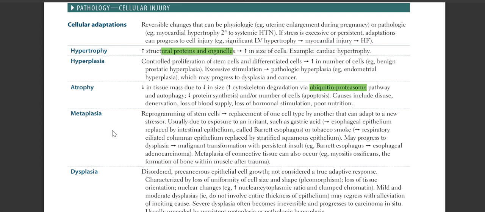Let's say someone starts smoking. Normally, your mucosa in the trachea has only one job, which is to allow air to pass through. So that's why it's producing some mucus, it's got the cilia, all of these things. But now, because smoke is being exposed to the epithelium, that epithelium changes into squamous epithelium.